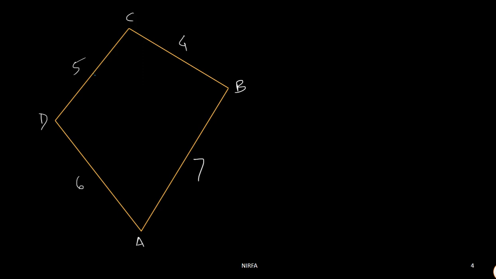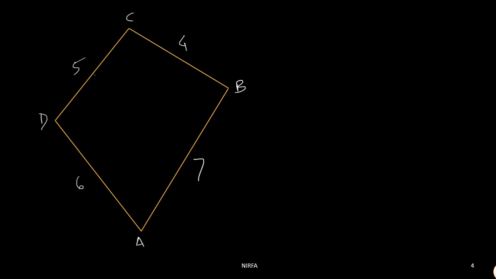In this case, if we join any diagonal, then this quadrilateral will definitely convert into two triangles. But again the question remains: how to get the length of that diagonal? We cannot find the length of the diagonal, therefore we cannot find the area of the triangle.